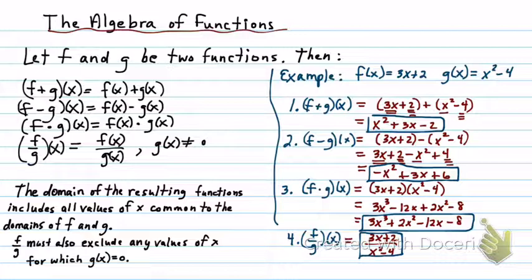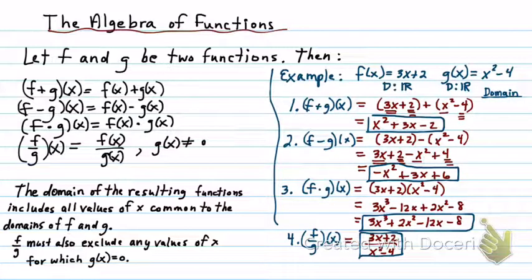So let's go back and find the domains. Alright, so f(x) is a linear function, so the domain is all real numbers. And g(x) is a quadratic function, so the domain is all real numbers.